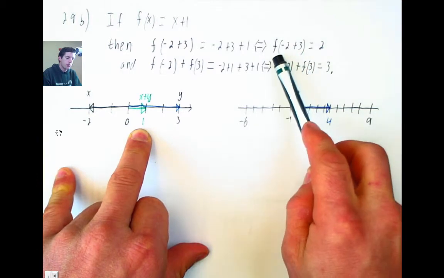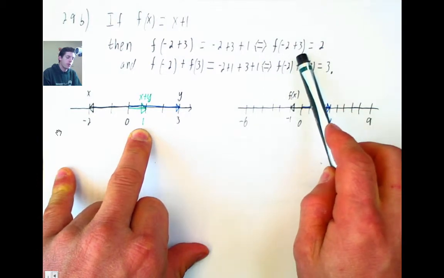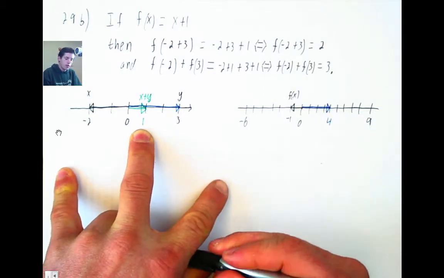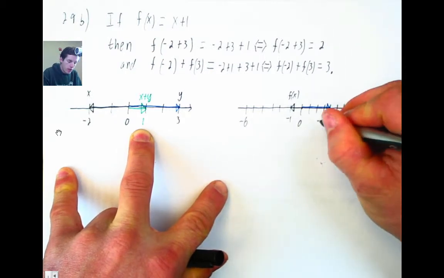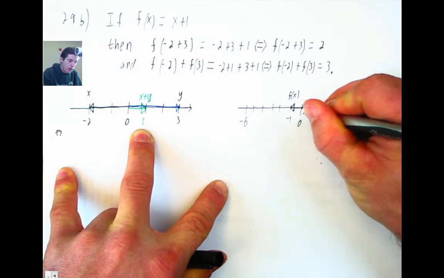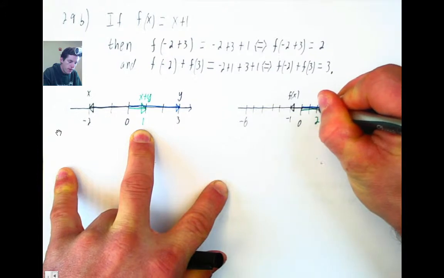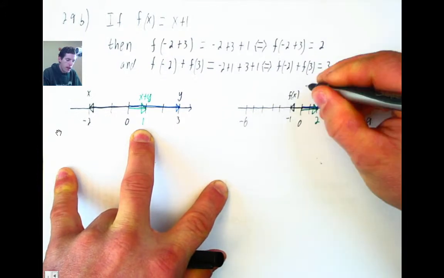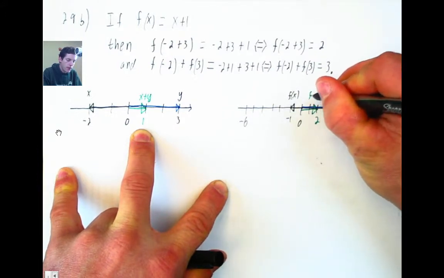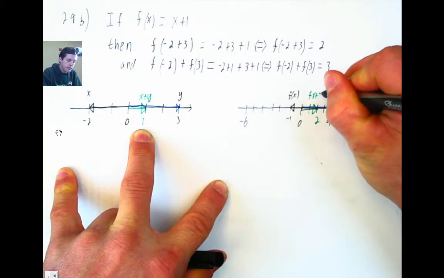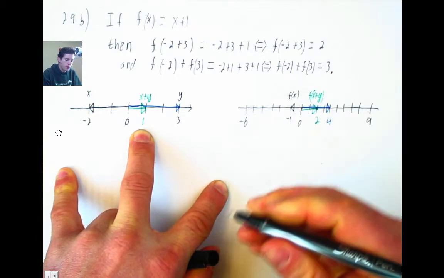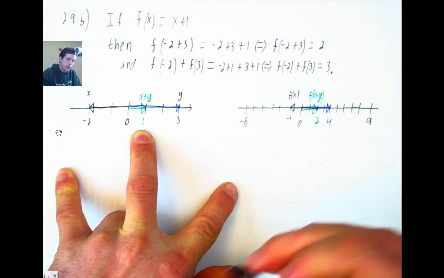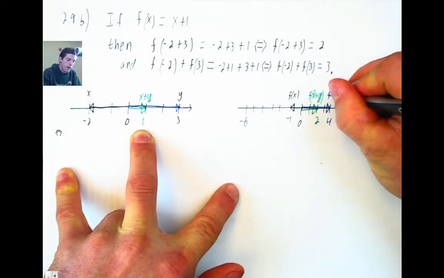Of course, x plus y is -2 plus 3, and that gets taken to 2. So I'll put a tick mark here at 2 with an arrow. All right, and that is f of x plus y. And in blue, I should have put that this 4 right here was f of y.